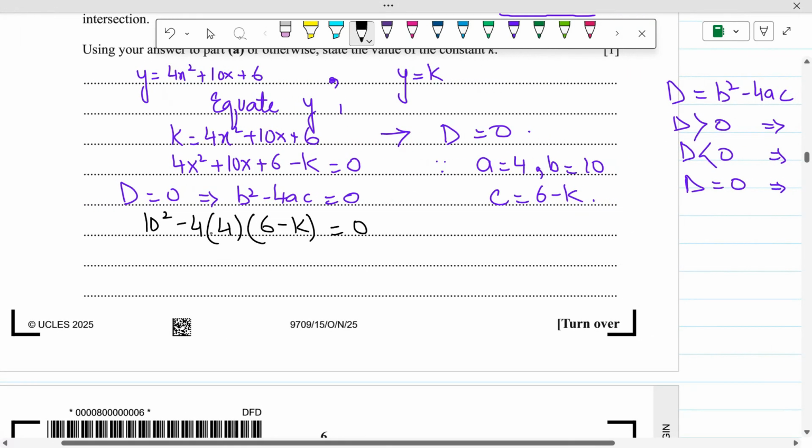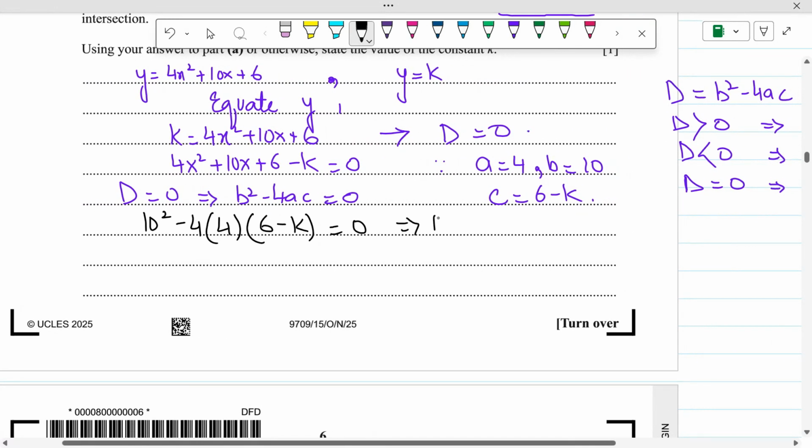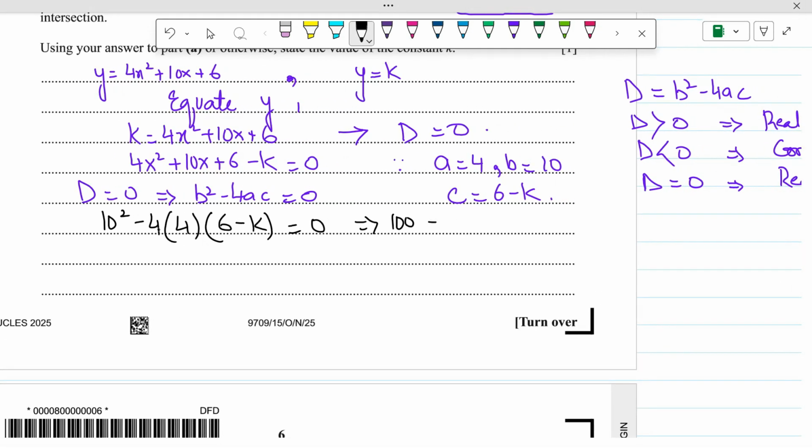Solving further, we will have 100 − 96 + 16k = 0.